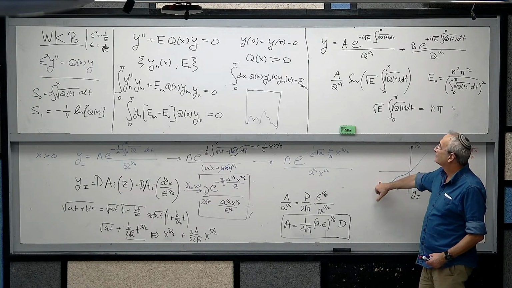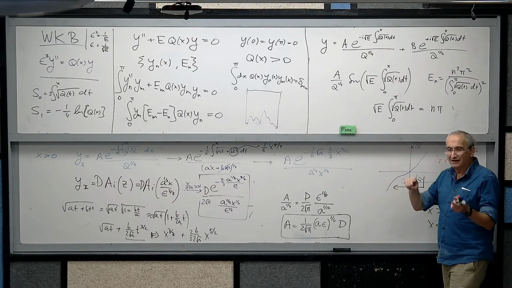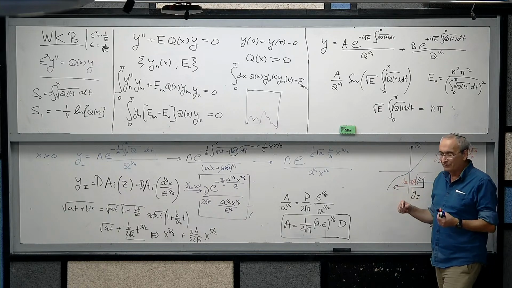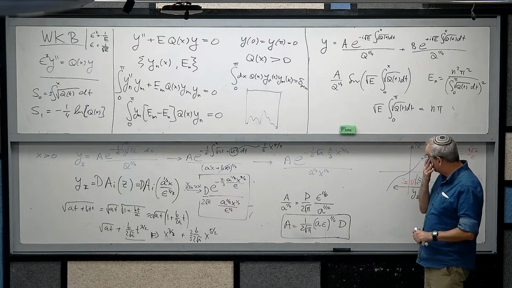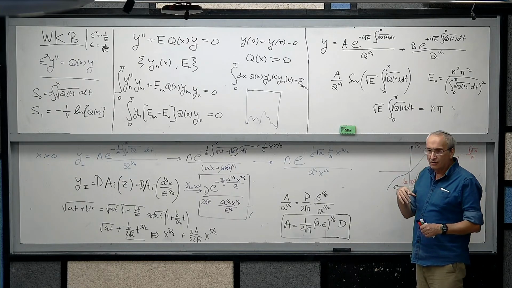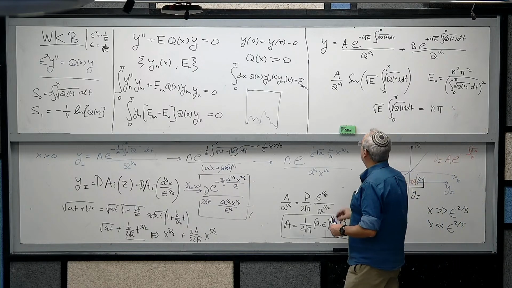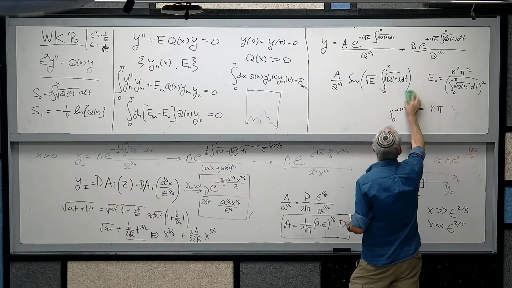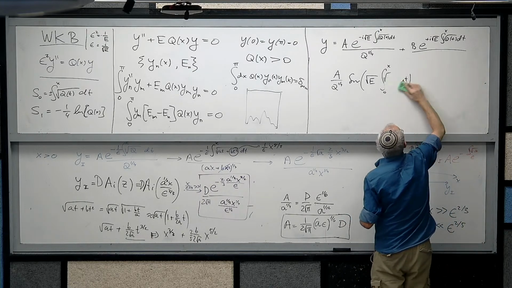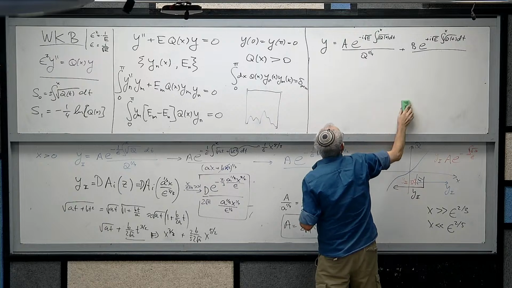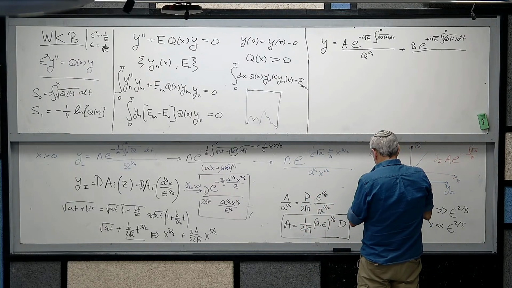Now, what will be here? But here I have both sine and cosine. So in general, what will I have here? Let's call this region number 3.